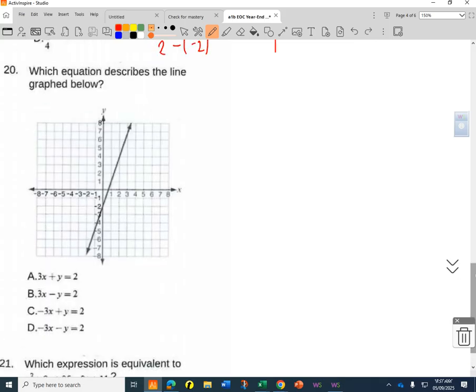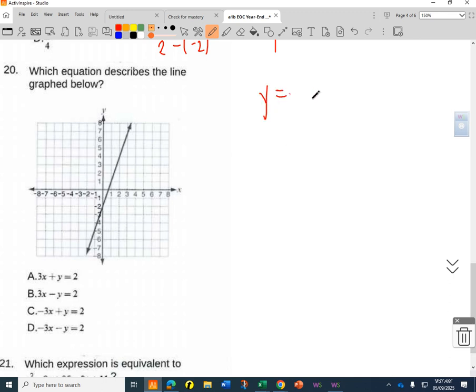20. So if we're given a line graphed on the coordinate plane, and they want us to give them the equation of that line, the easiest strategy, the one I would recommend for you, is to write the equation of the line in slope-intercept form.